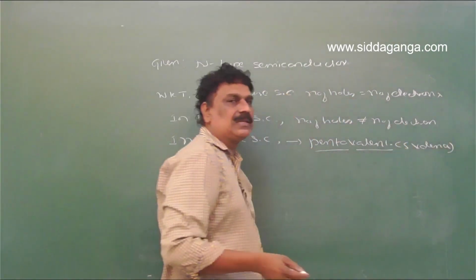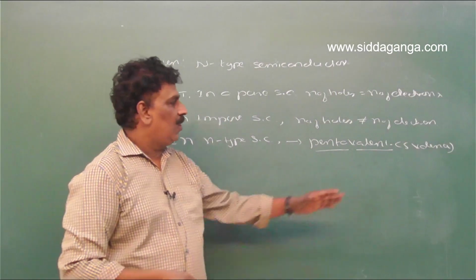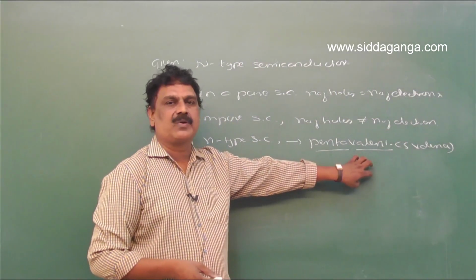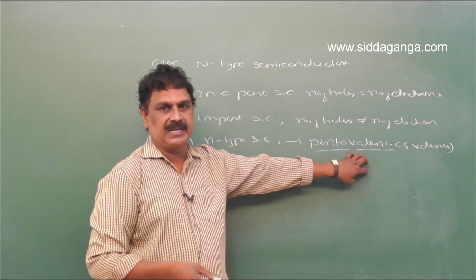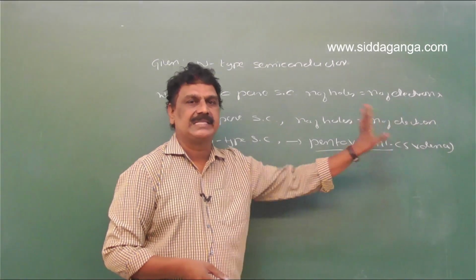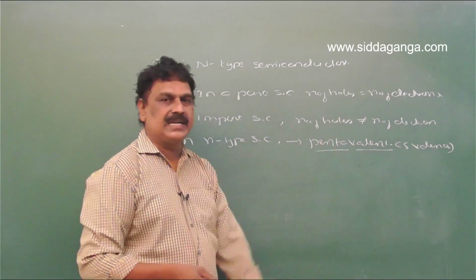Among the 5 valence electrons, 4 electrons form covalent bonds with the neighboring germanium atoms, and 1 electron is left. So pentavalent is a donor atom.